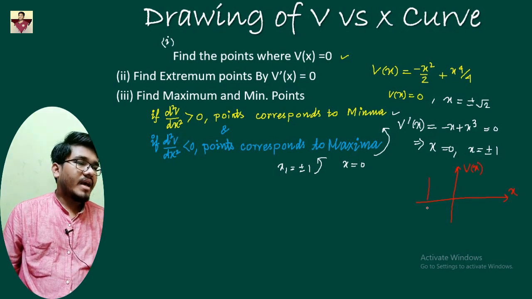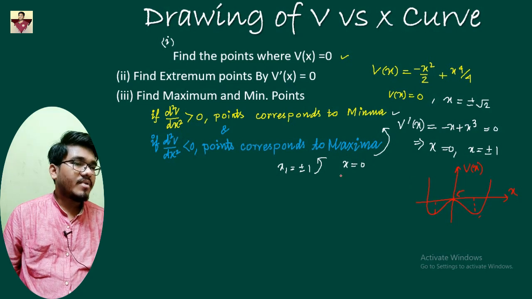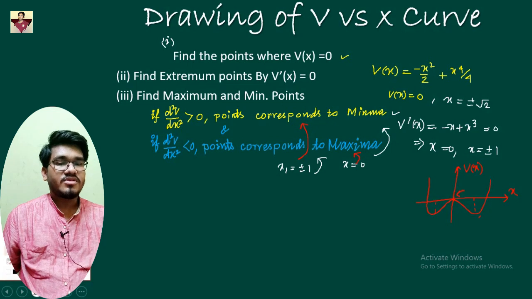So the curve will be like this. This is a point of minima, this is a point of maxima, and this is a point of minima. I have wrongly elaborated it, so this should be the point for maxima. So forget these arrows, or let me remove those things.